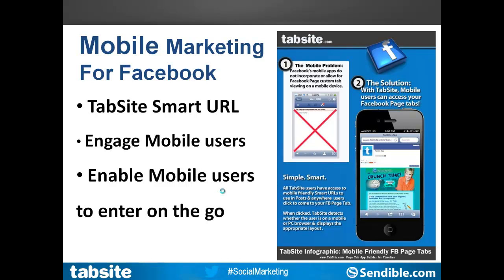So if you're running a contest, you're running a promotion, you can set that up in TabSite, and again use that Sendible link and schedule your post to go out. What we will do with that post is automatically create a smart mobile friendly URL.